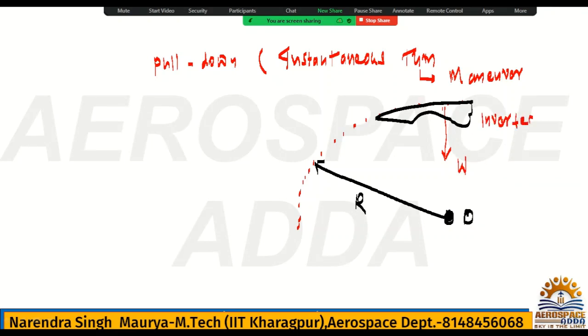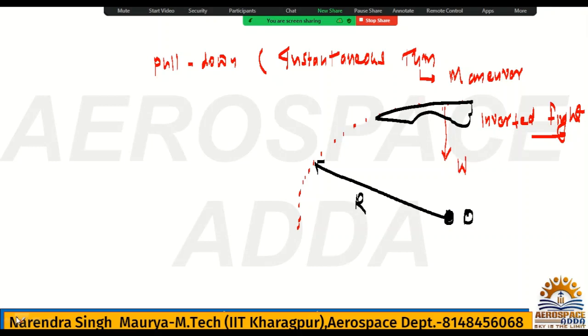It happens for fighter aircraft, not for passenger aircraft. That air show, you might have seen in Bangalore. So it is like inverted flight. The aircraft has reached the peak point and is going to dive. This is also the diving of the aircraft.